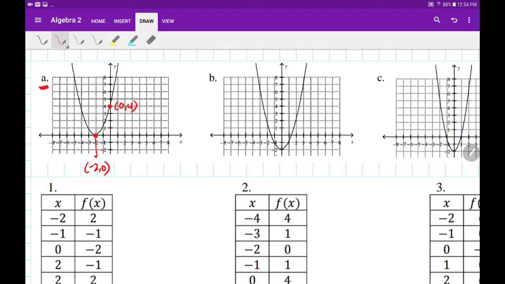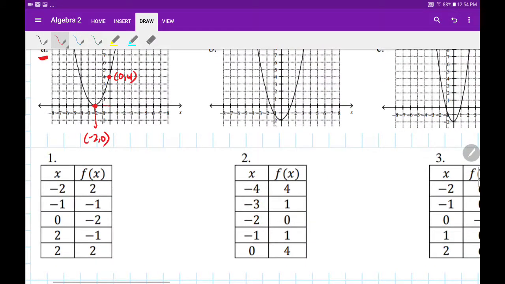And with just those 2 points alone, I'm going to start matching them up to my table of values and see which one gives me these points. So let's see, at -2 for my x, my y should be 0. Well, over here, -2 is giving me the wrong y value. That should have said 0. So this is not going to be the table for me. Let's look over here.